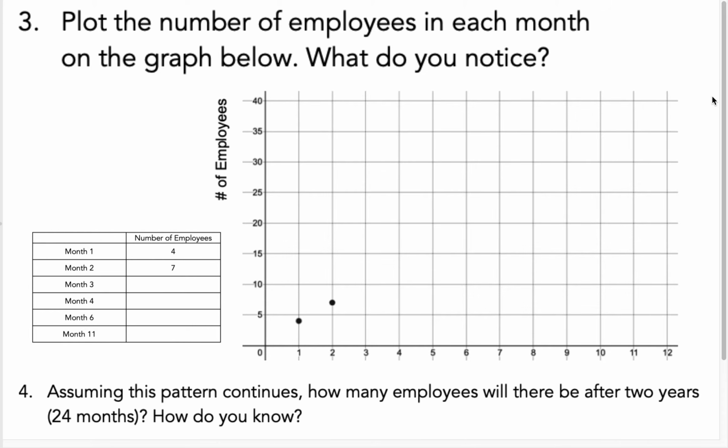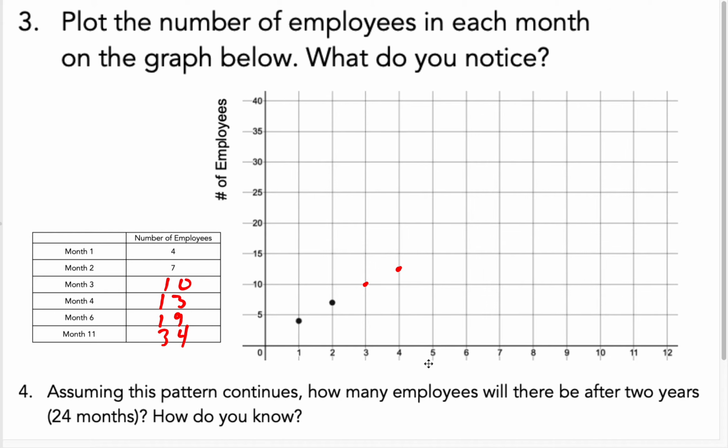All right, number 3: plot the number of employees in each month on the graph. So that's what we're going to do next. I'm going to fill in that table again here. We have 10, we had 13, 19, and 34. So in month 1, there were 4. In month 2, there were 7. In month 3, 10. Month 4, 13.